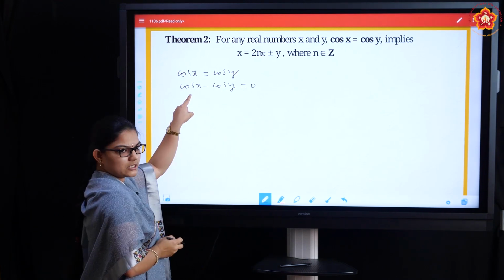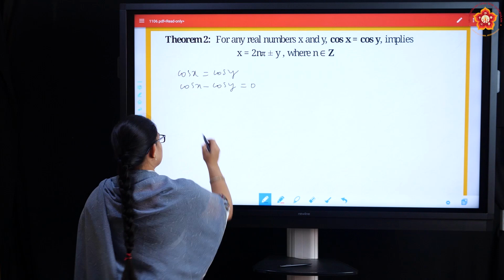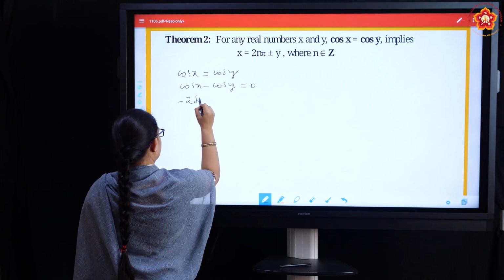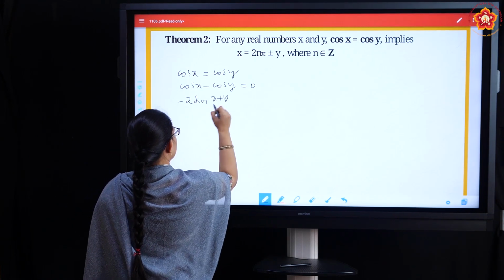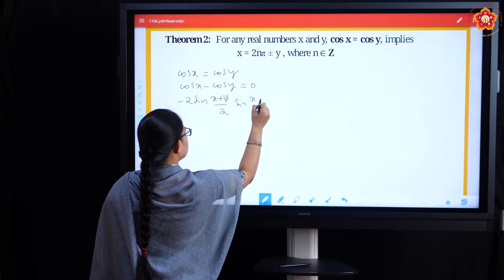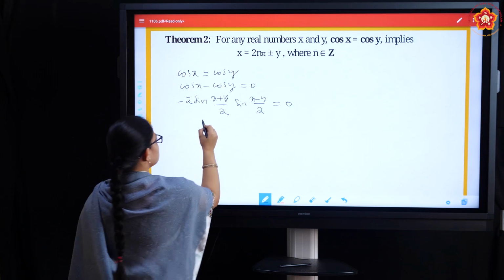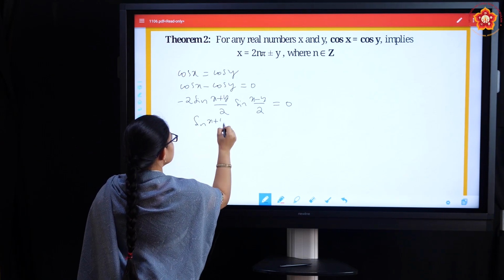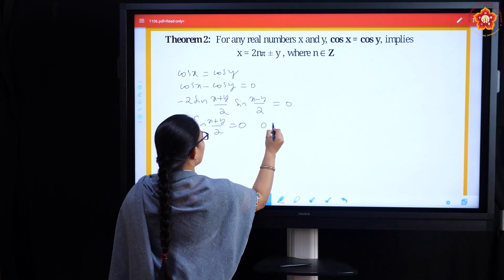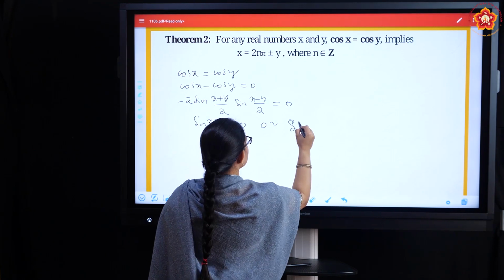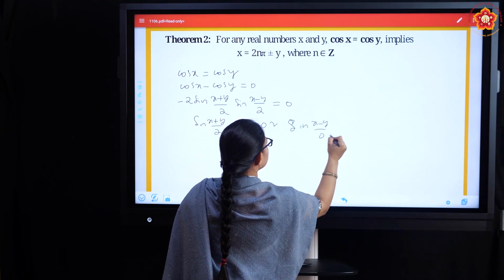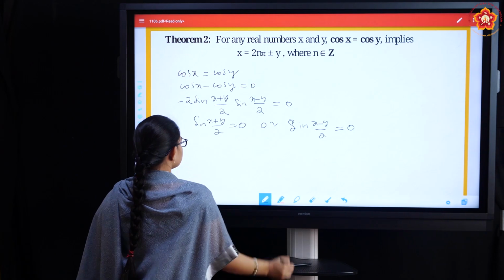Now let us use the cos x minus cos y identity, that is minus 2 sin (x plus y) by 2 sin (x minus y) by 2 is equal to 0. Minus 2 cannot be equal to 0, so sin (x plus y) by 2 should be equal to 0, or sin (x minus y) by 2 should be equal to 0.